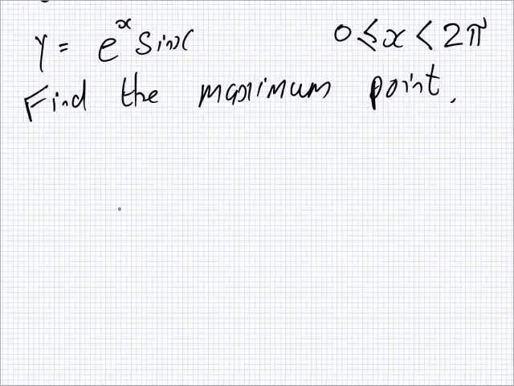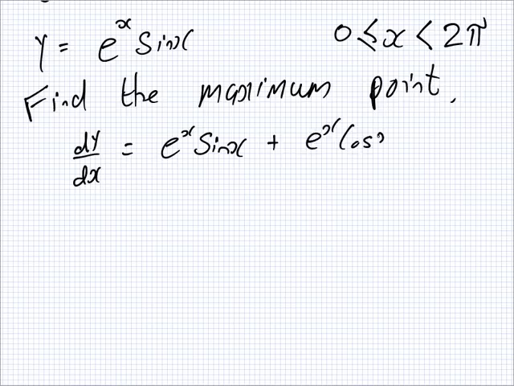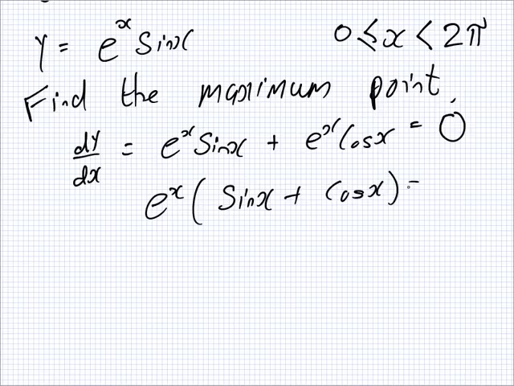Let's see. Right, so first we get the derivative. What rule do I need for the derivative? Well, the product rule. So that will be e^x sin x plus e^x cos x. And I want this to be 0. That's fine. So I have e^x (sin x plus cos x) equals 0.